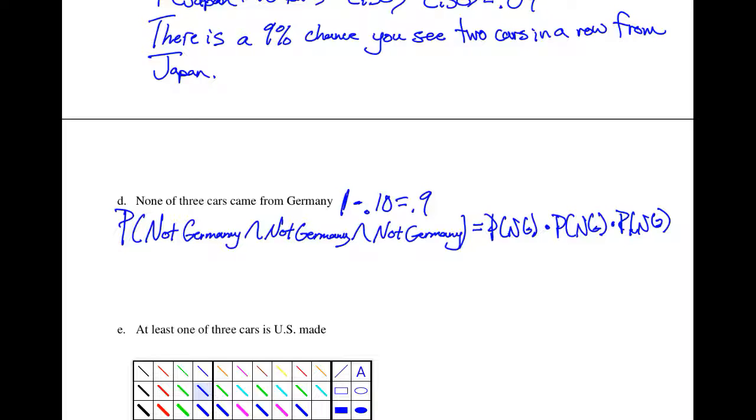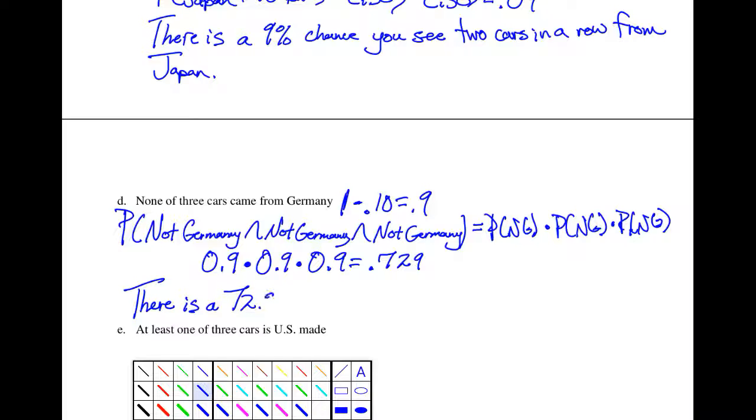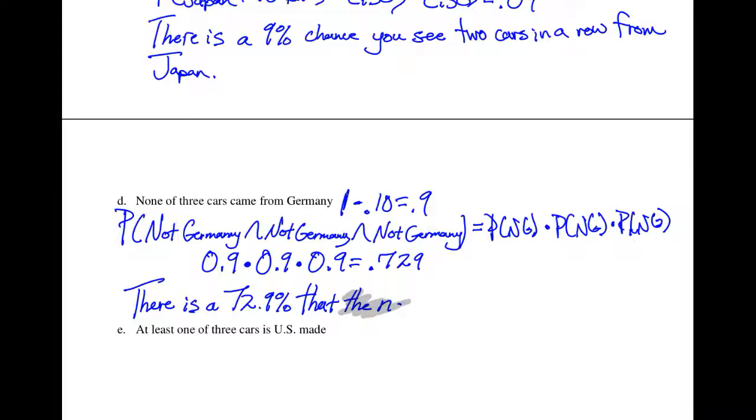And so then that would be 0.9 times 0.9 times 0.9, which equals 0.729. So to write that out in sentence form, there is a 72.9% chance that none of the 3 cars came from Germany.